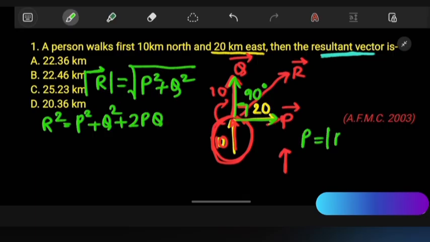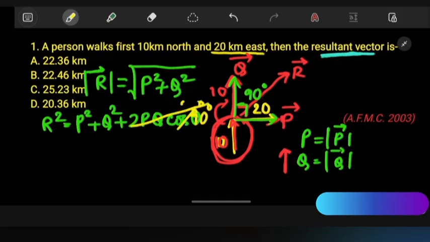P and Q are the magnitudes of vector P and vector Q. What is theta? The angle between P and Q. Now you can easily observe the angle between P and Q is 90 degrees, and cos 90 degrees is 0. So this whole term becomes 0. So we are left with R square equals P square plus Q square.